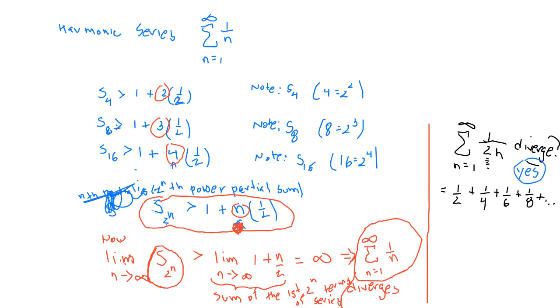Now, why is that? I'll show you why. This is a new kind of thinking here. Do you agree? I can write 1/2n as 1/2 times 1/n. I can do that, right?